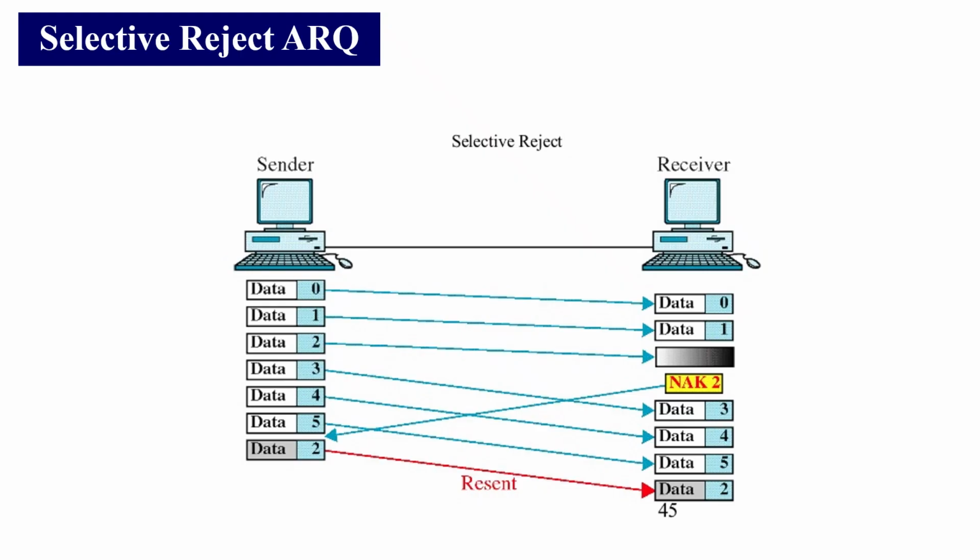The sender then resends only that frame, even if it is out of sequence with the others. This means the receiving device must be capable of reordering frames, placing each transmitted frame in its correct position. This approach makes data transmission more efficient by avoiding unnecessary retransmission of frames that were already received correctly.